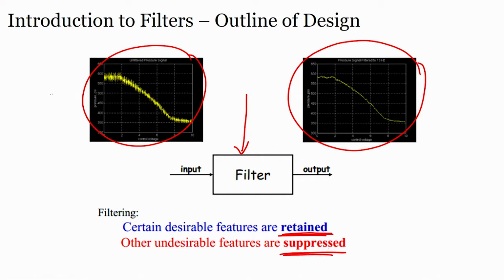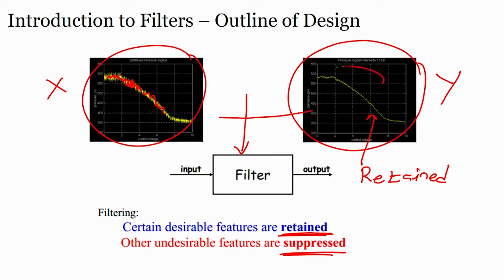If you see these signals, let us say this is x and this is y, the signal that we are interested in is retained, while the noise, the spikes that you see here, are not present in the output.